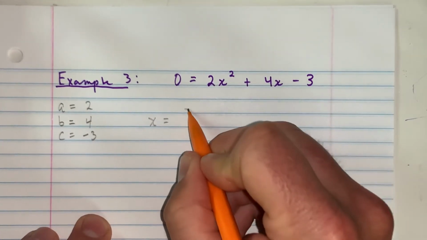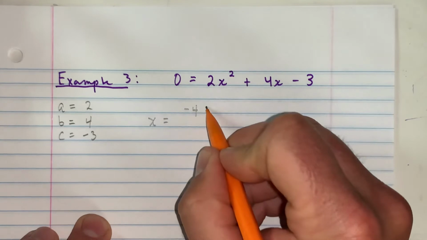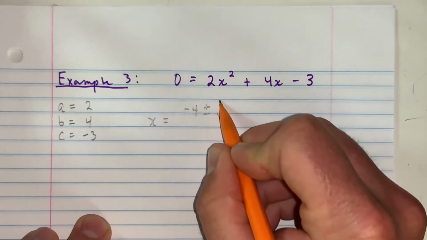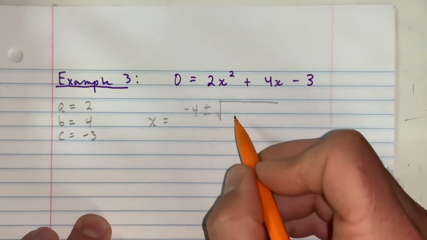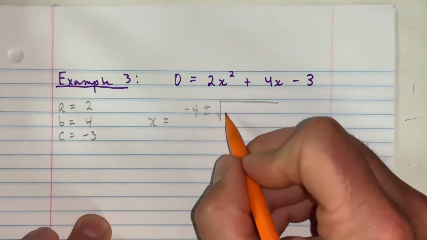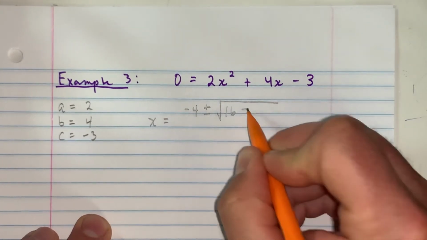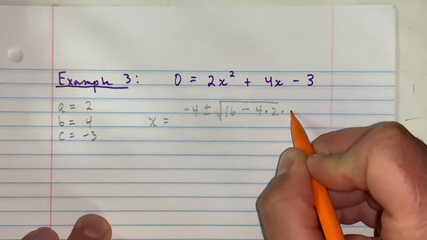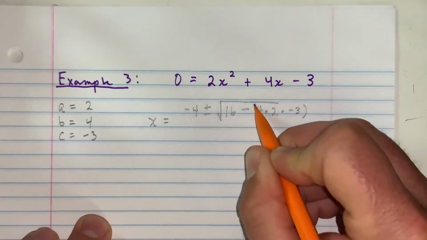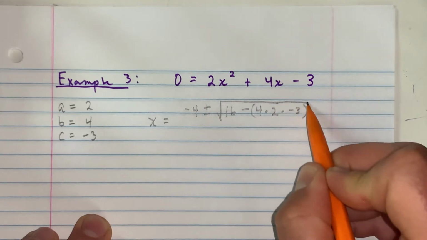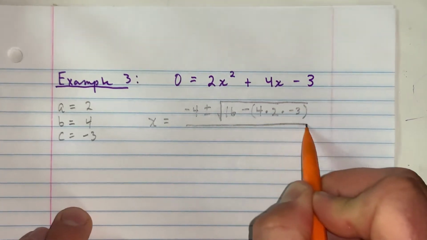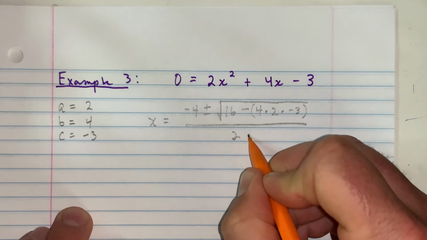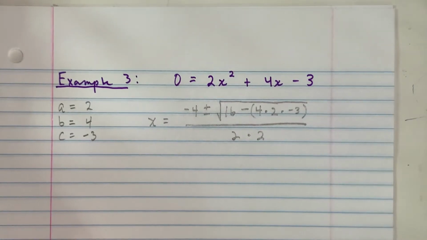Opposite of B is negative 4, plus or minus the square root of B squared, which in this case would be 4 squared, which is 16, minus 4 times A times C, all divided by 2A, which is 2 times 2.